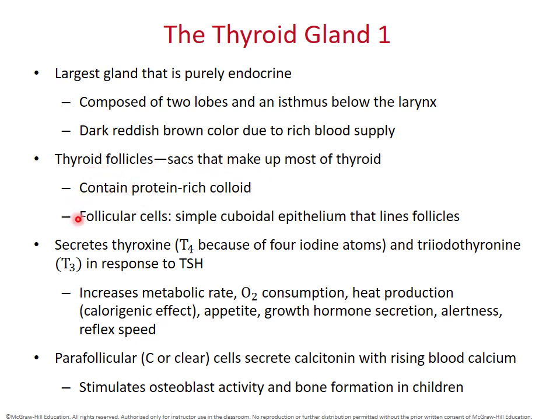The cells that line the follicles are very characteristic, simple cuboidal epithelium, and these are the cells that are ultimately making this thyroglobulin. Essentially what happens is these follicular cells secrete thyroxine and triiodothyronine. These are the two forms of thyroid hormone.